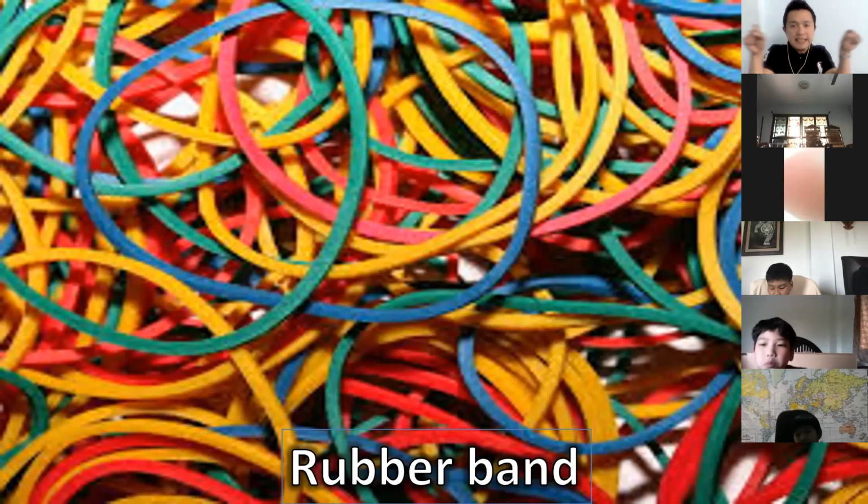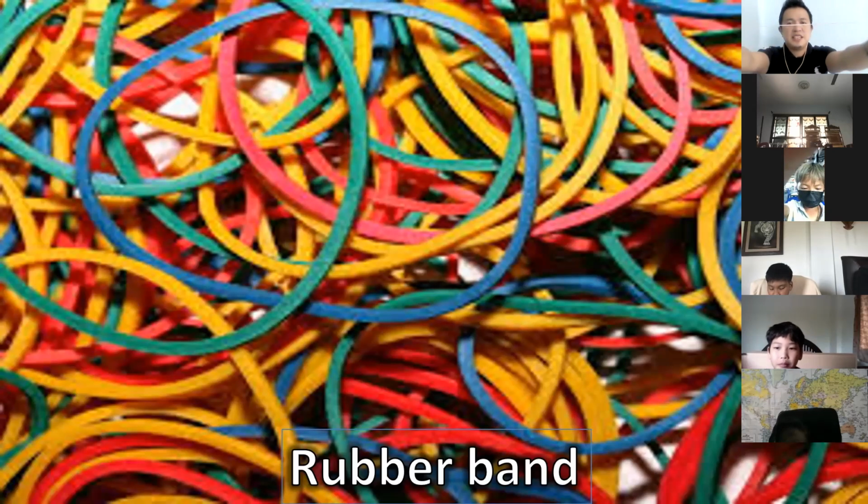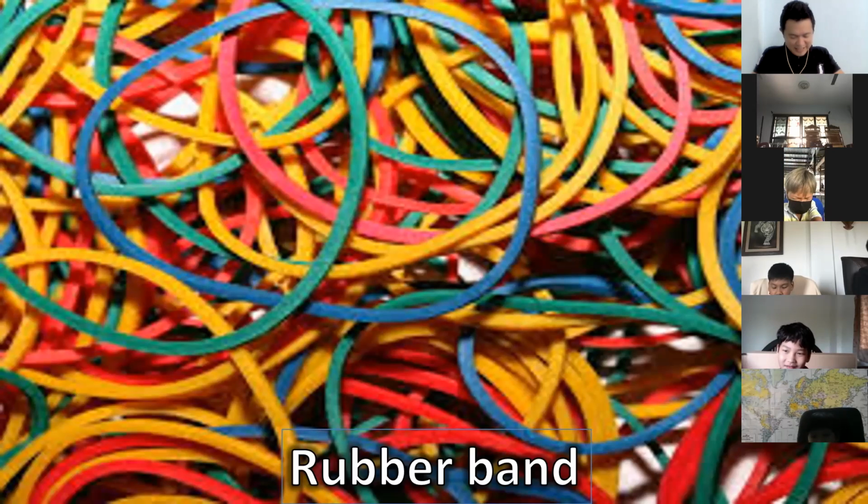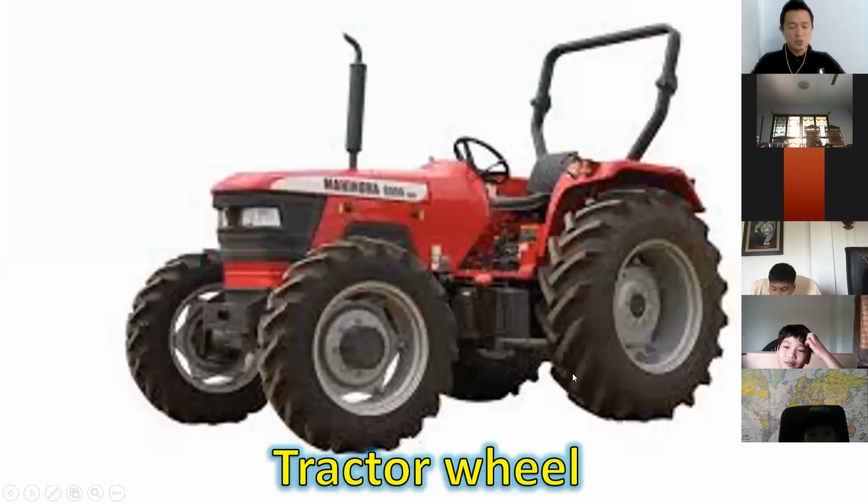A rubber band is elastic, like this. Look, elastic. Rubber is elastic. Tractor wheel, okay.